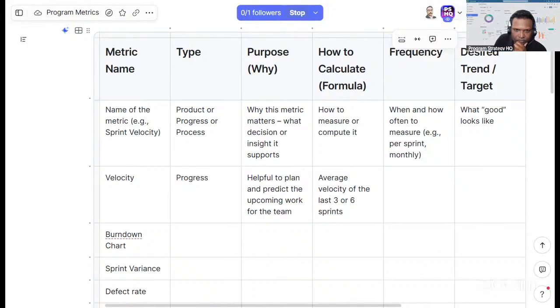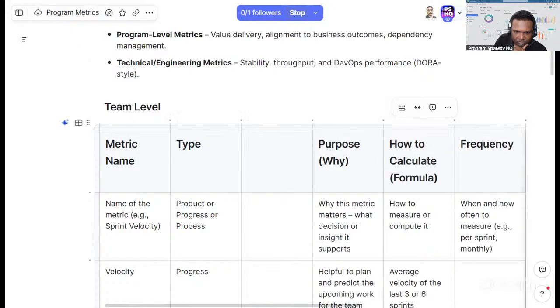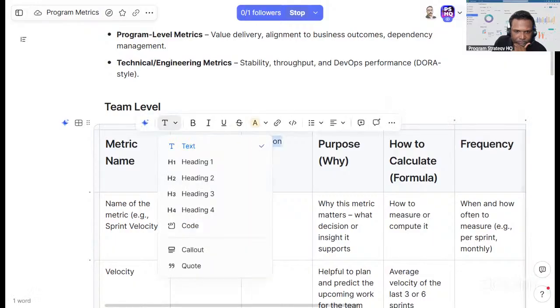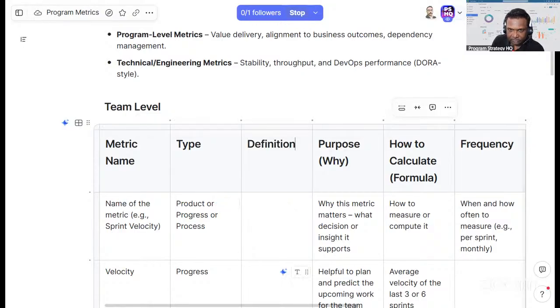So here, after this type, I'll add one more column, definition, so that we are all clear. Let me check a standard definition. Okay, JP, yes, it's months.